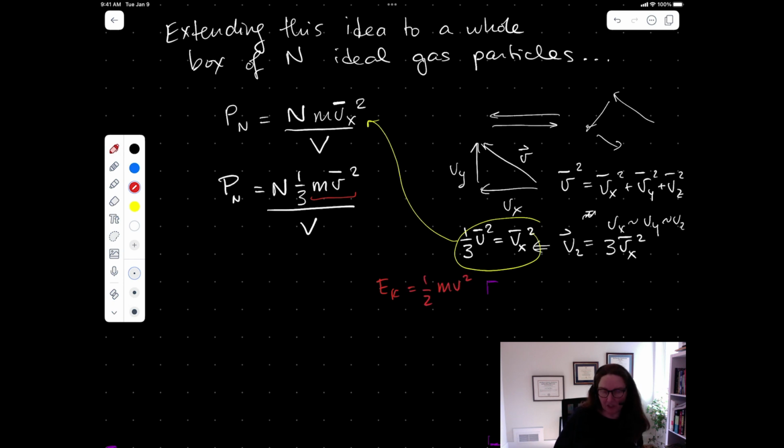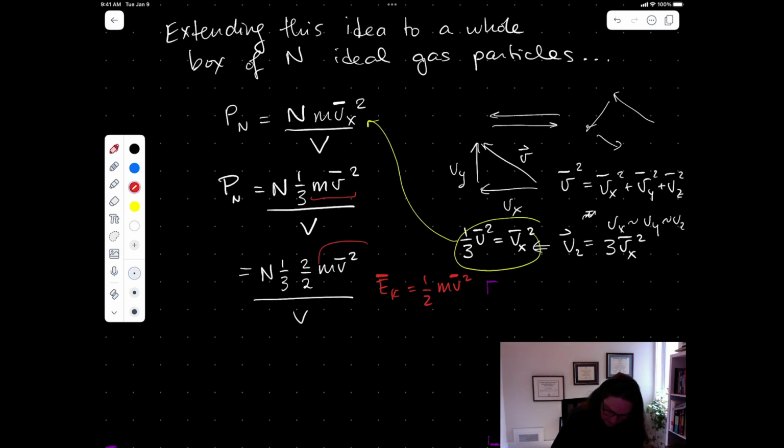So we can say the average kinetic energy of one of these gas particles is 1/2 m average velocity squared. And so if we put into this thing a 2/2 like this, that's a factor of 1, I can take the one in the denominator and say, aha, this is the average kinetic energy of one particle.